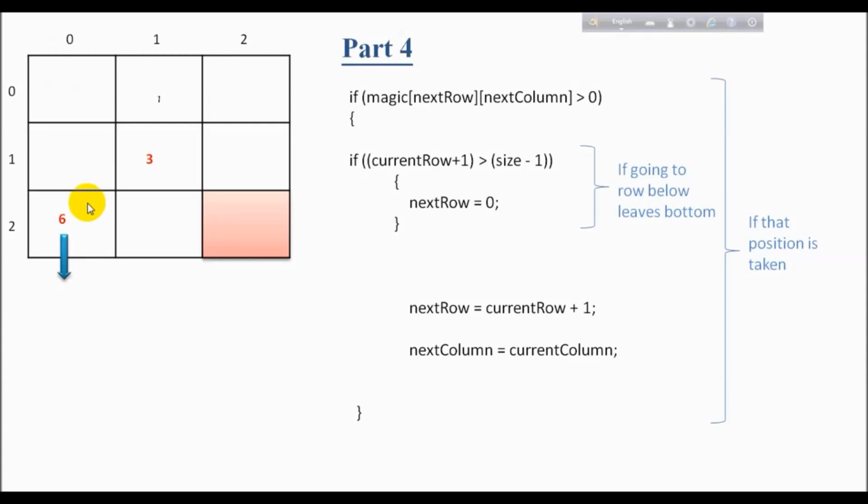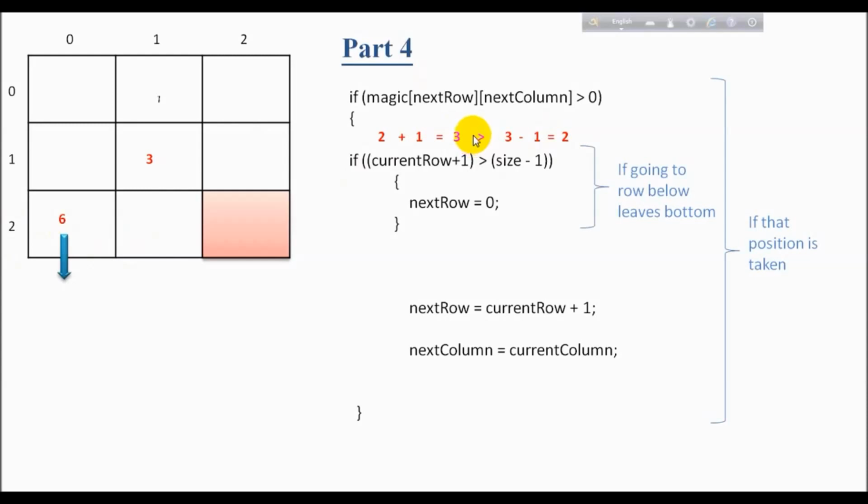So for this scenario, our current row number is 2, and we're just adding 1 to go to our next row. That is 3. Our next row number will be 3 if we go one row below, and our size minus 1 is of course 2. That is our last row number, and this condition gets true.